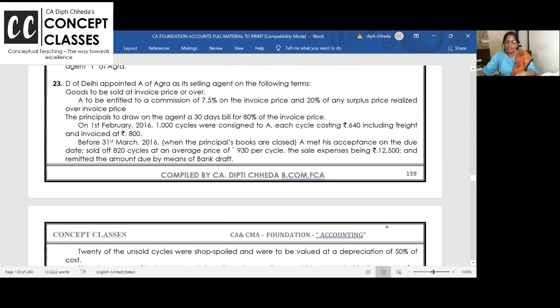Twenty-third problem we are doing now. One or two problems I am leaving because they have a trading account. That concept we will do in the next class. Let us do the 23rd problem now. Twenty-third problem.